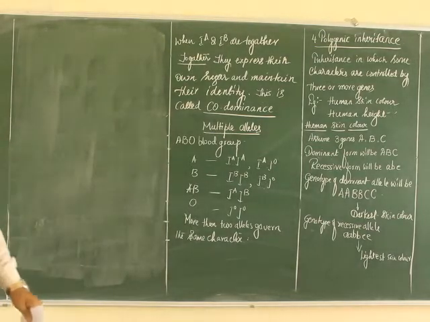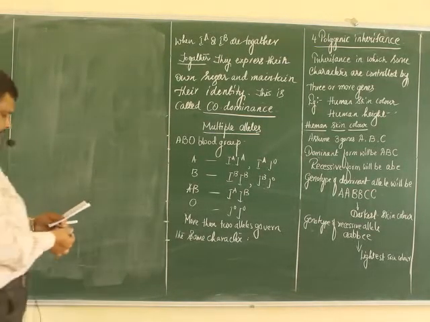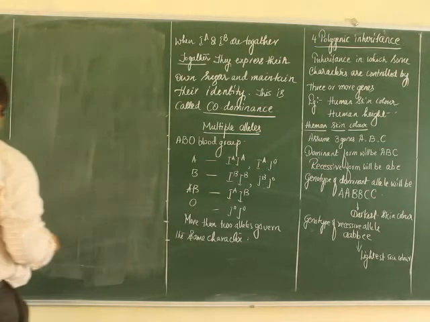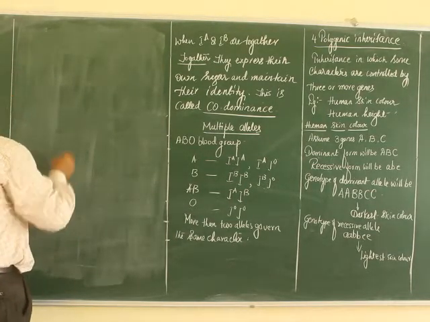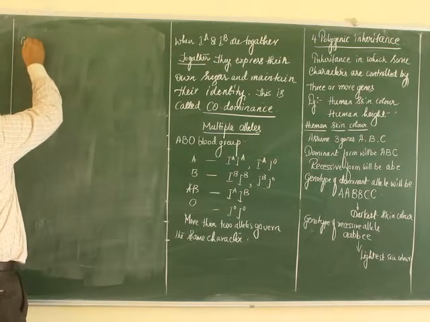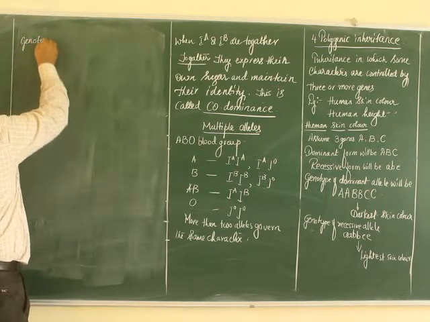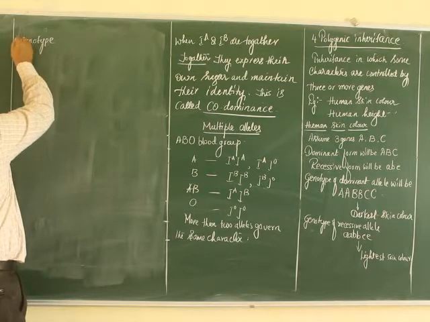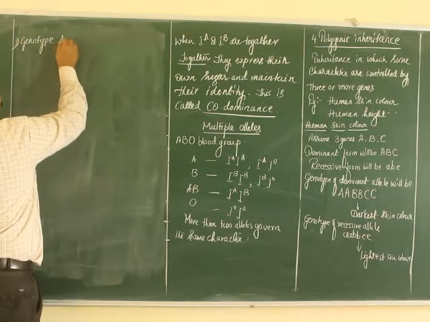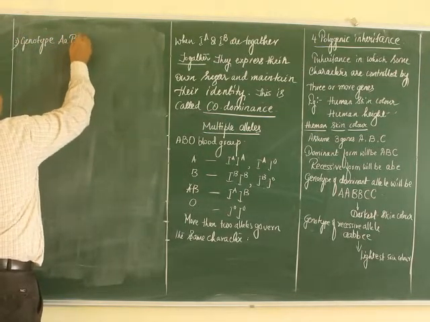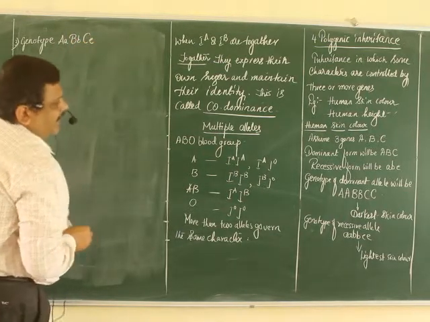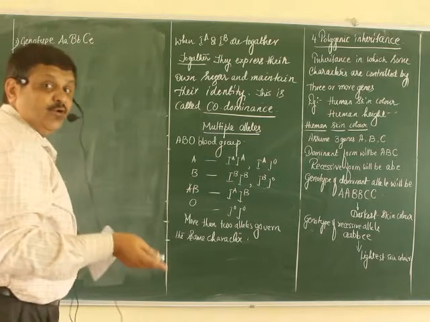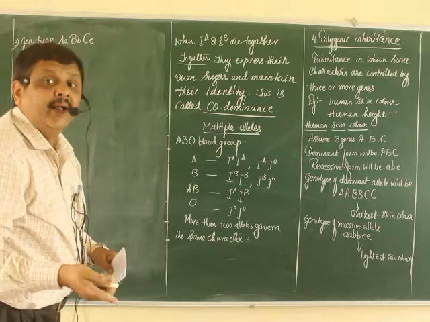Now let us see. If the genotype is the third combination, capital A, small a, capital B, small b, capital C, small c, then the person will be neither too dark nor too light.